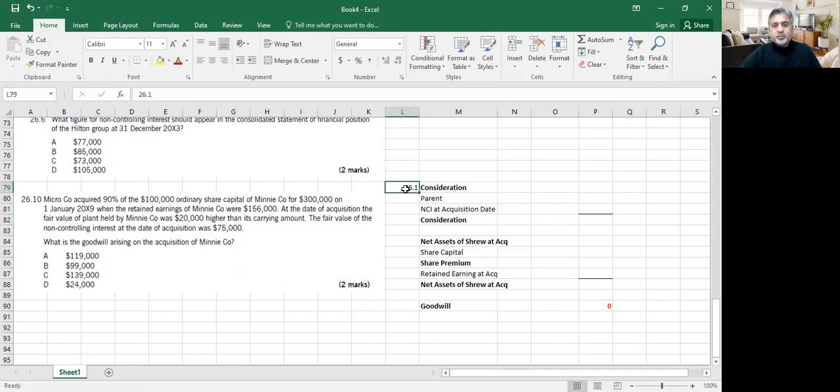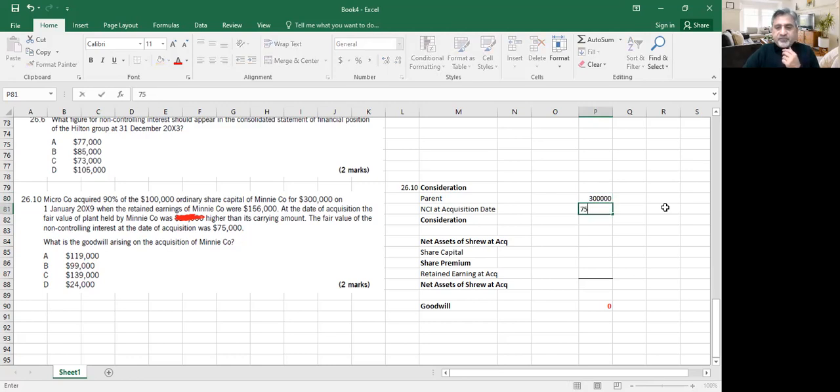Now, before I do this question, let's for a minute ignore this 20,000. Let's suppose that this 20,000 is not given, and we assume that the book values and the fair values are the same. So in that situation, the parent paid consideration of 300,000.